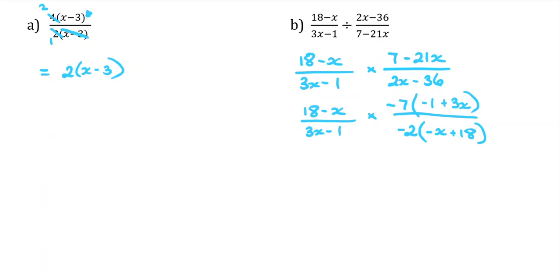Now the order is different, but 18 take away x is the same as negative x plus 18. And 3x minus 1 is the same as minus 1 plus 3x, just different order. So I have minus 7 over 2. Even the minuses can cancel out. So I simply have 7 over 2 as my final answer.